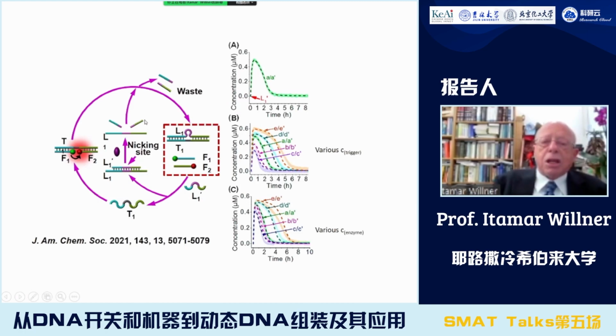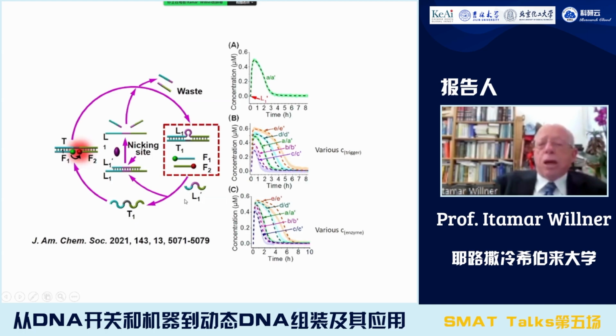Let's say that we have a reaction module that is composed of two components, L1 and T1, and two scaffolds, F1 and F2, that are modified with two fluorophores. This is the rest condition of my network.